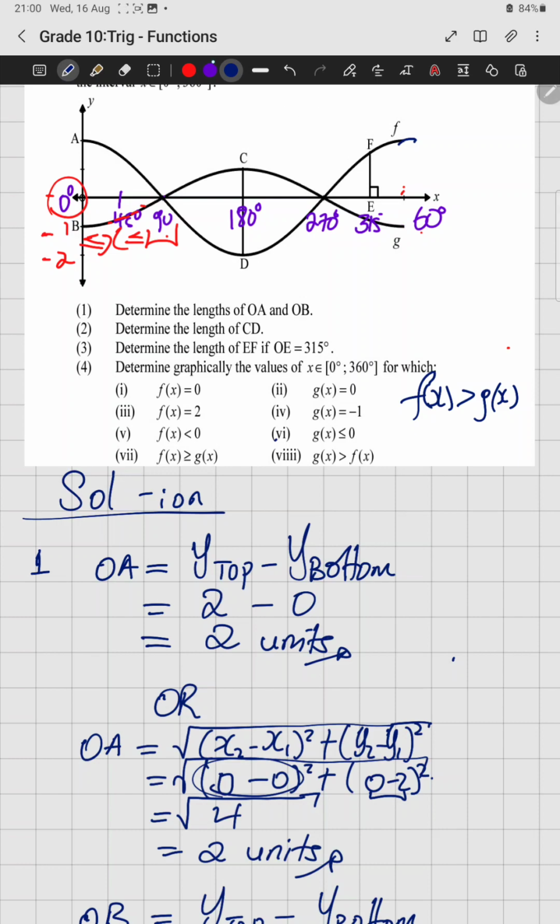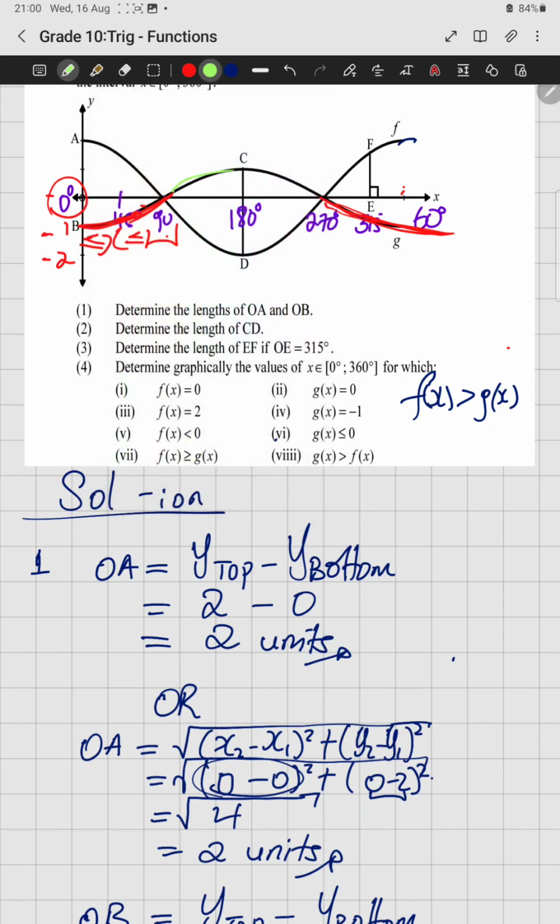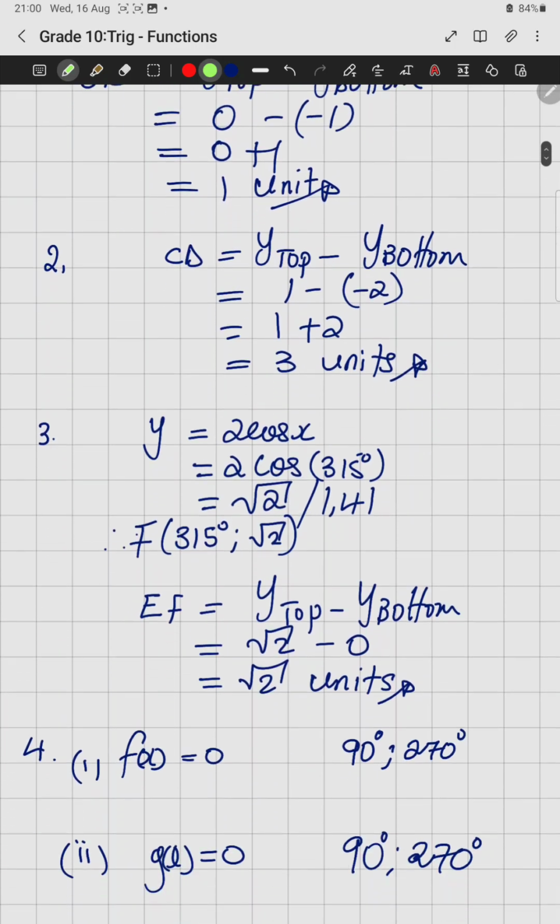So on this portion, g is below and g is below, but this part over here, g now is above f of x. So g is above between 90 degrees up to 270. So that means x must be greater than 90, less than 270.